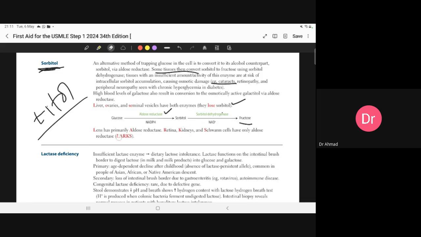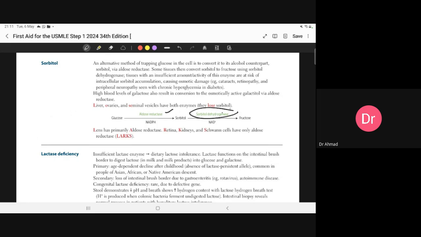So these are the cells that are affected by sorbitol metabolism. And why are they susceptible to this? Either they only have this enzyme and they miss this enzyme. Okay, the other cells of the body have both enzymes, so they metabolize this whole thing to fructose, and this ultimately goes into your glycolysis pathway. I've told you everything.